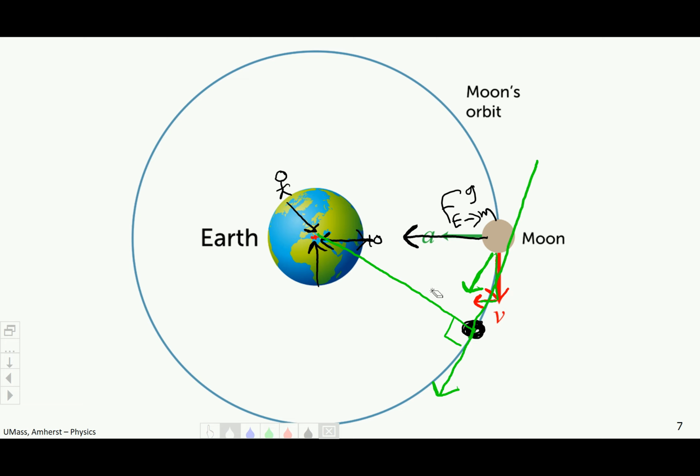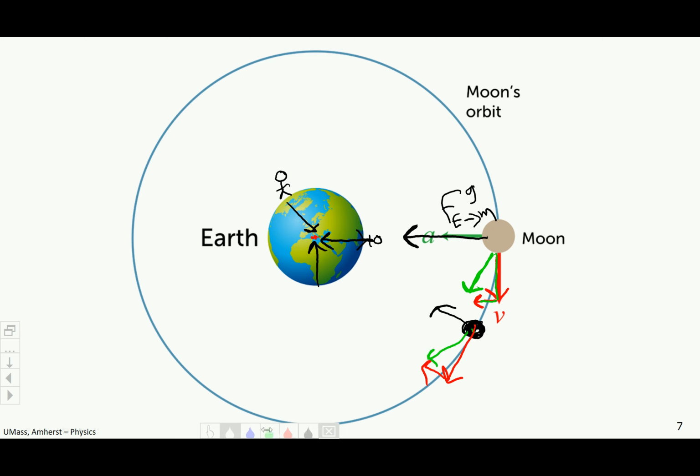So at the next instant in time, here's our current velocity vector, and guess what? The force of gravity is still pointing straight towards the Earth. And what is that going to do? Here's our force vector, and if we add those vectors together, there it is.